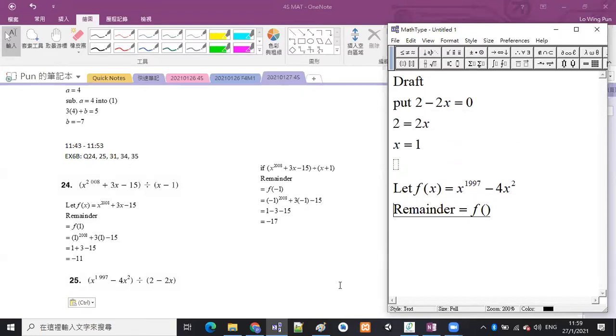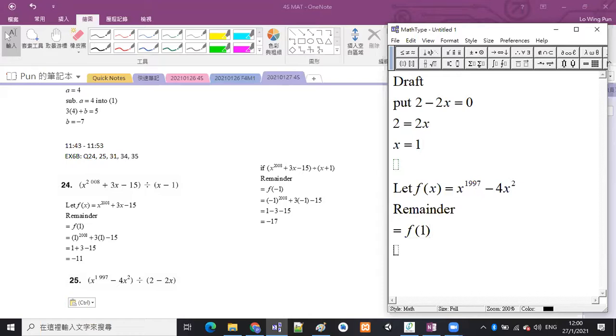Whether the x in the divisor is a positive term or a negative term doesn't matter. You just put the divisor equal to 0, calculate x, and that number is what you put into f(x) to calculate the remainder.